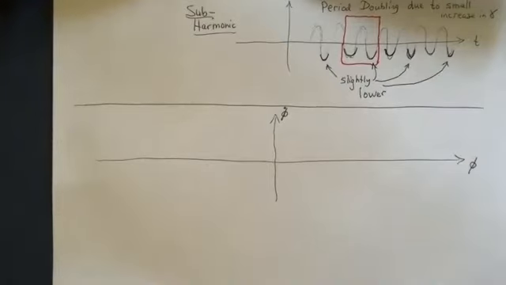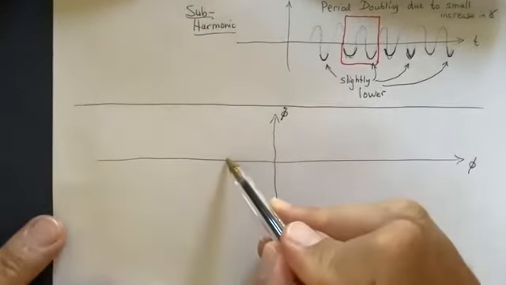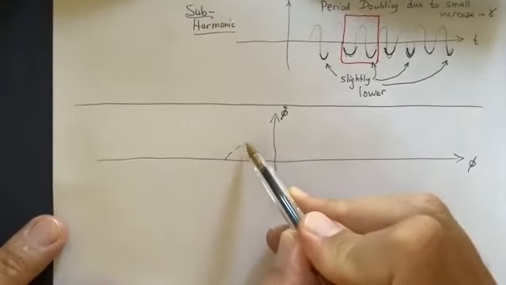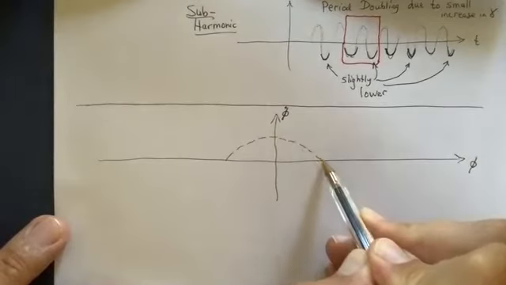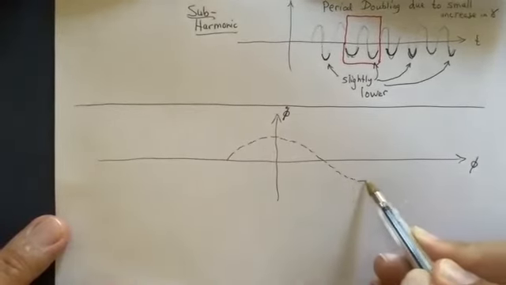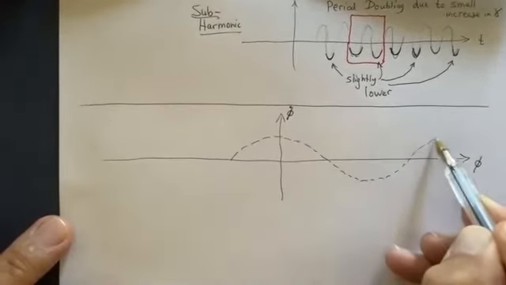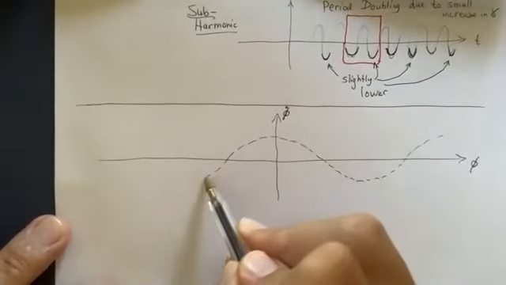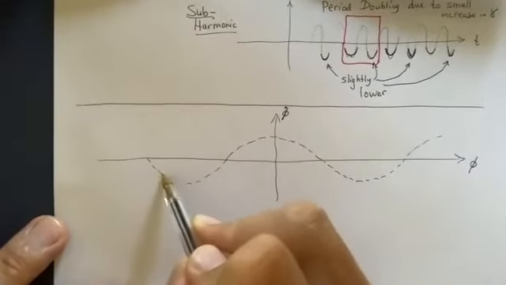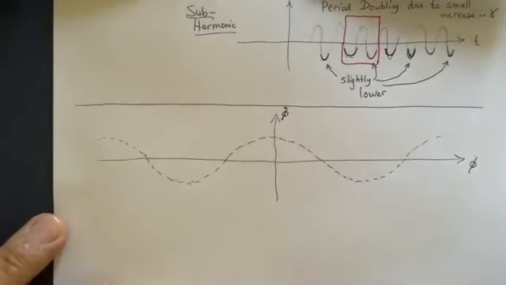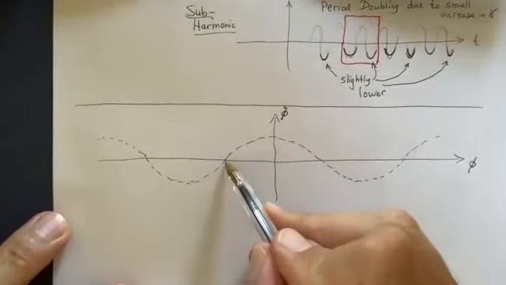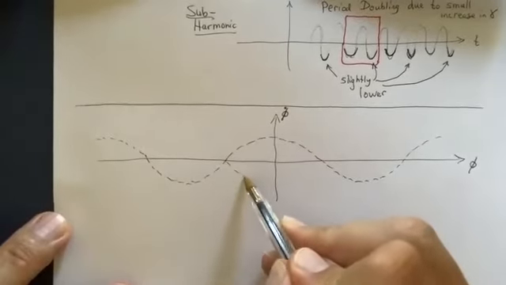If you need to draw this picture quickly, here's what I recommend. Draw the separatrix. Okay, and you know that the separatrix, we also have the mirror image like this.